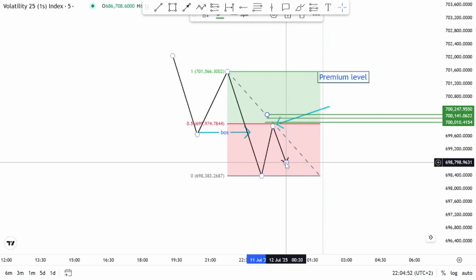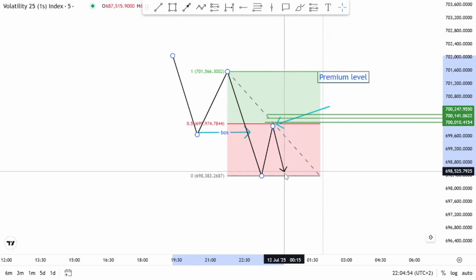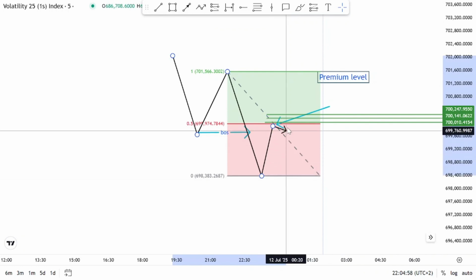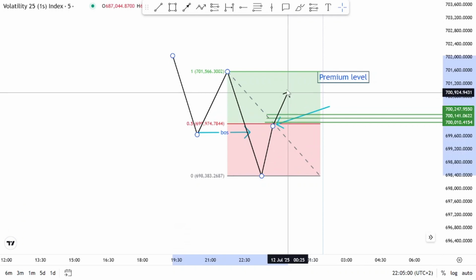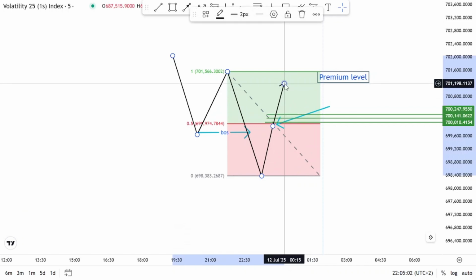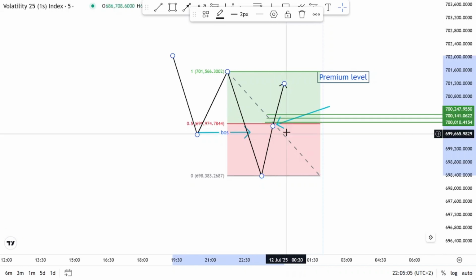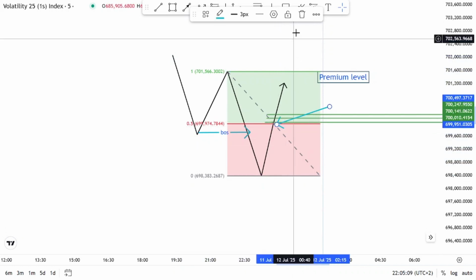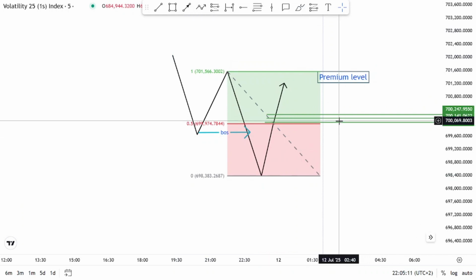So as soon as price looks like it's going to come to this level here, and then it changes direction, and then it goes to our premium level, which is here. And in the process, it takes out liquidity. Don't be a victim of that, like the inexperienced traders.